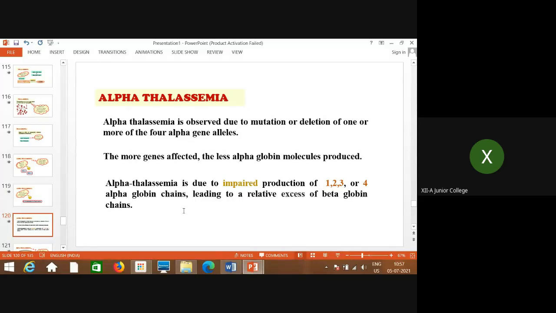So alpha thalassemia is due to impaired production of 1, 2, 3 or 4 alpha globin chains, leading to a relative excess of beta globin chain. When alpha content is lowered, beta content increases. So an excess of beta globin will be formed if alpha is affected.